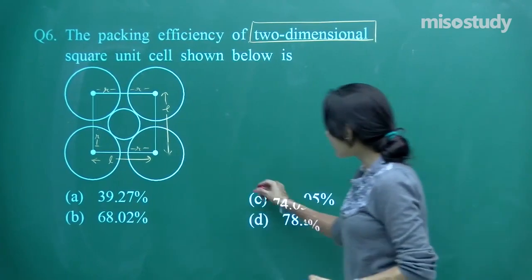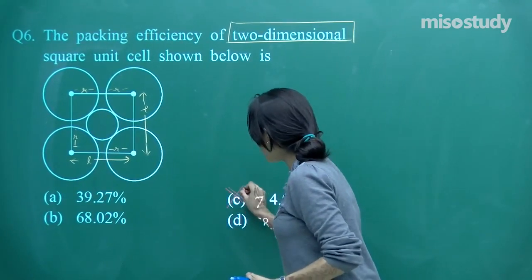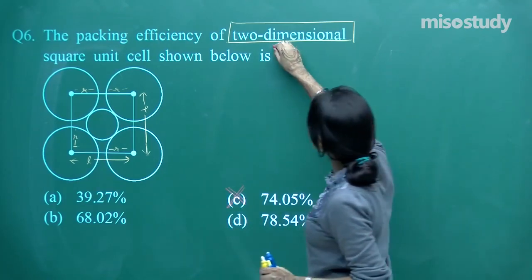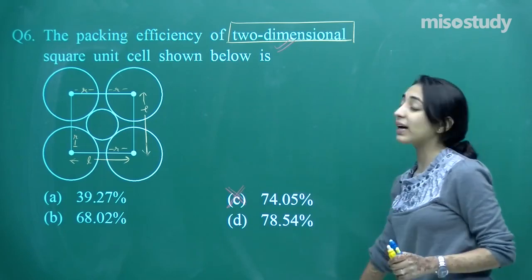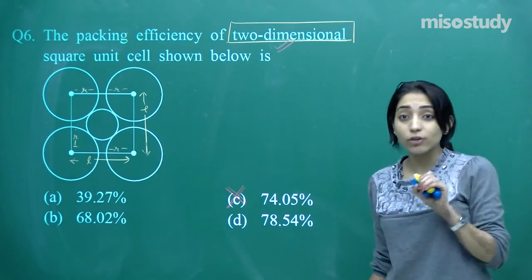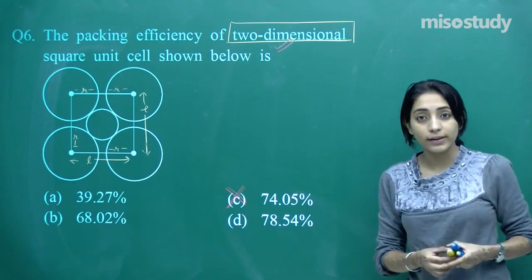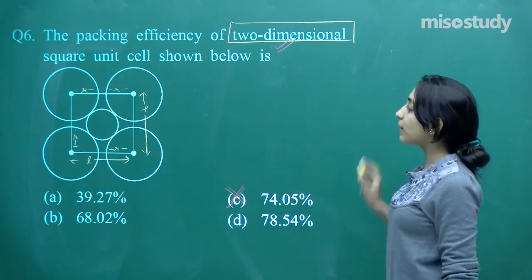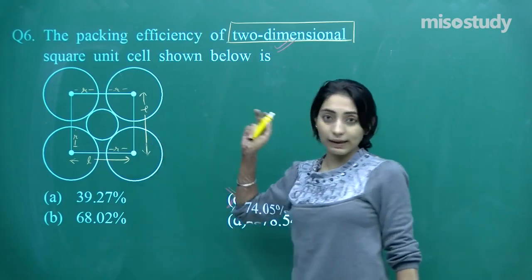But this is going to be a wrong answer, okay, because it is a two-dimensional square close packing. It is not 3D, it is not a face-centered cubic unit cell. Fine enough? So what is to be done now? We need to find the packing efficiency of this 2D thing.